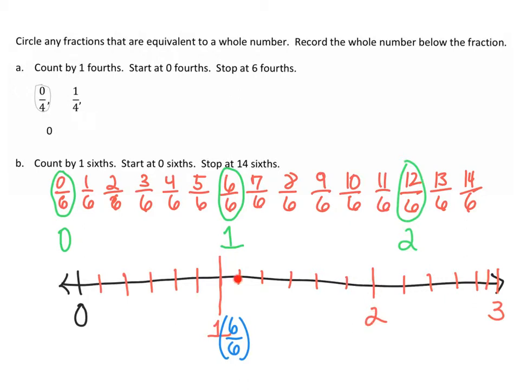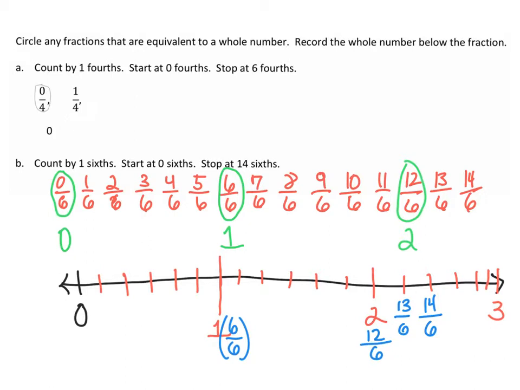But this would be 7/6, 8/6, 9/6, 10/6, 11/6. 12 sixths would bring us to a whole because that would be 2. So we would put in 12/6. This would be 13 sixths, and then we're going to stop at 14 sixths. So let's look at that.